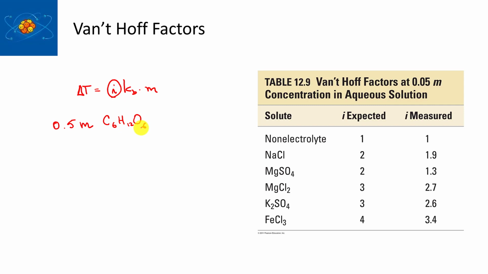First thing you have to recognize is that this is a molecular compound. Then you would assume that the boiling point elevation, delta T boiling, would be i times Kb times m.